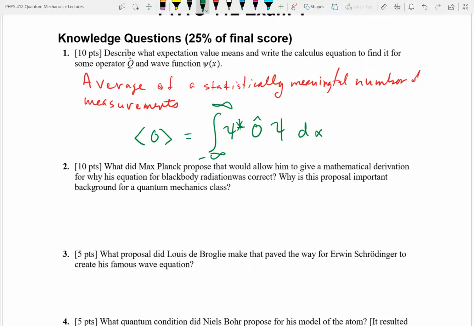We could have our wave function in momentum space, and you'd be integrating over momentum from minus infinity to plus infinity. Okay, so there's our answer.